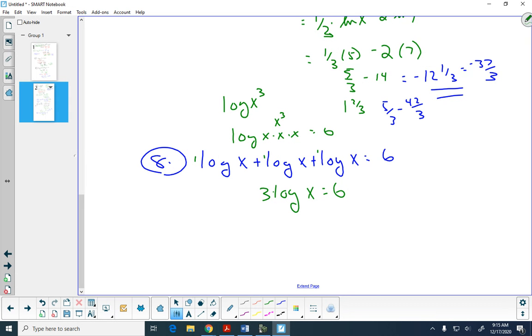The log of x cubed, the exponent can run out front to be 3 log of x. I have 3 times the log of x. I can divide both sides by 3. So we have log of x is equal to 2.